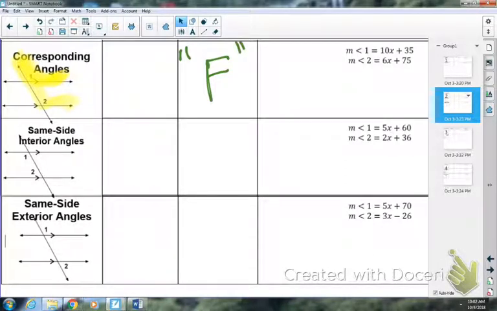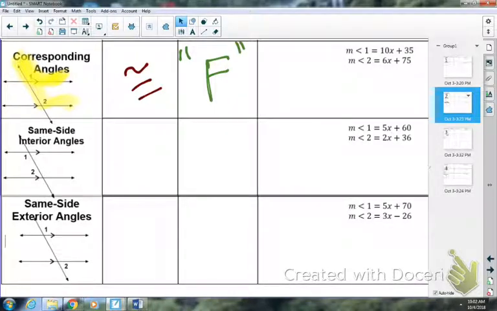But can you picture if I rotate it around? It looks like a backwards F then, doesn't it? So if you see something that resembles the letter F in some way, you're probably looking at corresponding angles. Now, how are corresponding angles related? They're congruent as well.